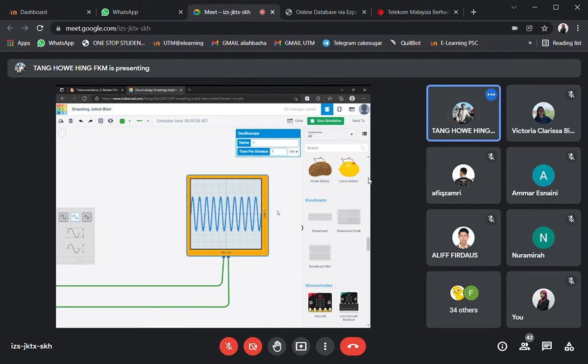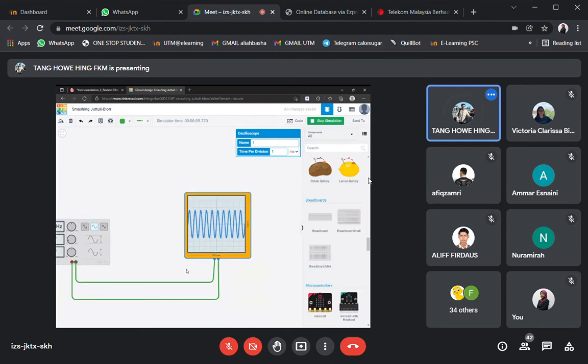You can see that there is 2 volt across 1, 2, 3, 4, 5, 6, 7, 8, 9, 10, so 10 grid we get 2 volt, and here amplitude is 1 volt. This is half, so half and half, that is 5. So there is an amplitude of 1 volt.